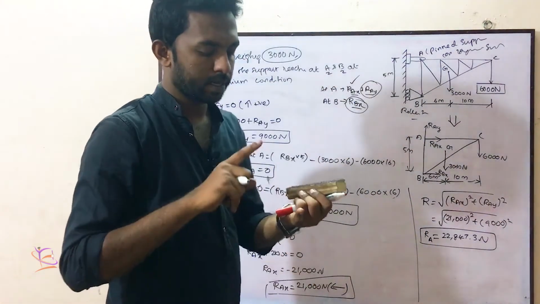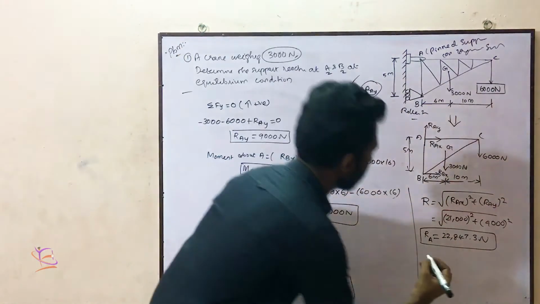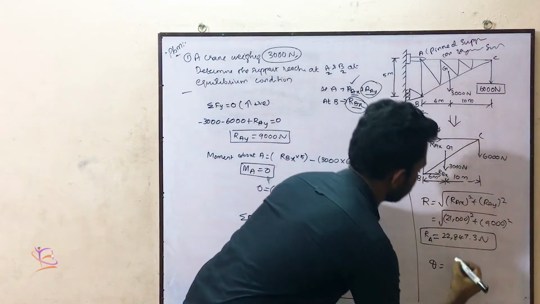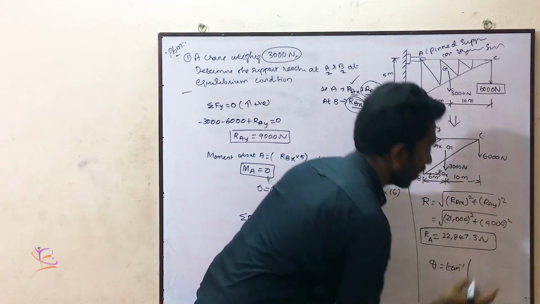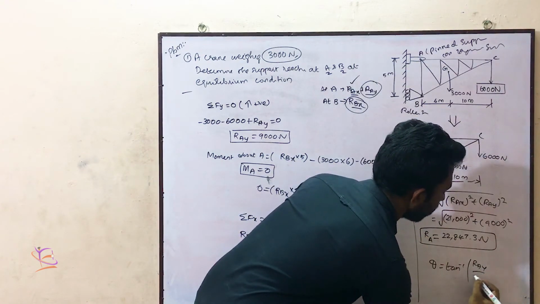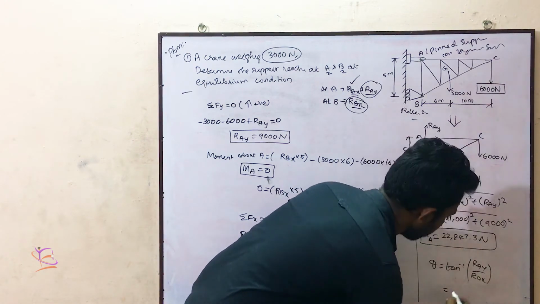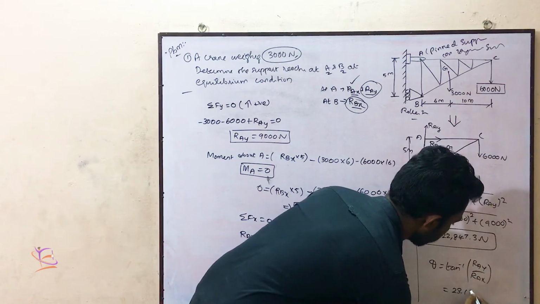We calculated horizontal and vertical. Now we are making it into the inclined reaction. Theta is equal to tan inverse of vertical by horizontal. What is vertical? RAY. What is horizontal? RAX. If you substitute, you will get the answer 23.19 degrees.